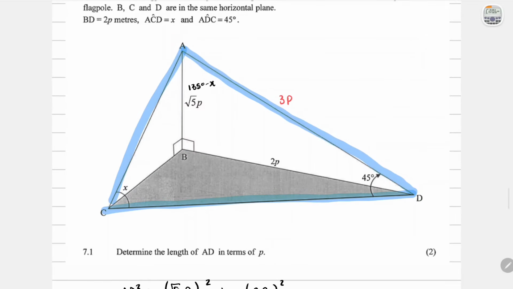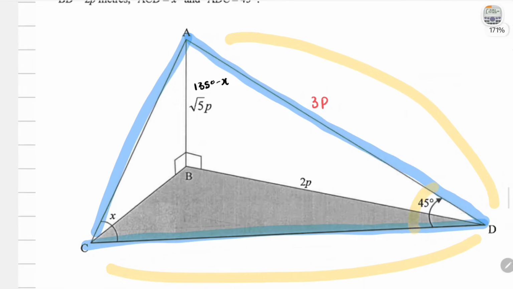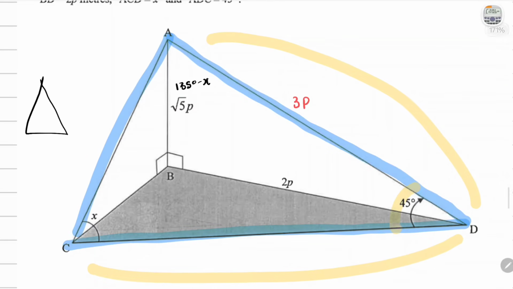So here is how we can use the area rule here. Let's take a simple looking angle. We already have this, and the sides we have AD and we have CD. So we can take those two sides and this angle. Remember the area of a triangle using the area rule. If you have a triangle ABC, you can say a half multiplied by AB multiplied by AC, and then sine of the angle in between those sides.